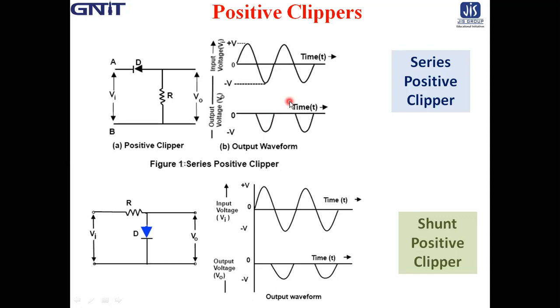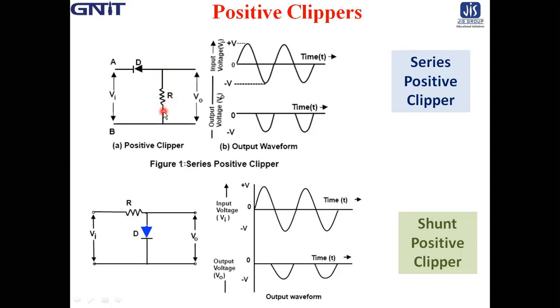During the positive half cycle of input voltage, the terminal A is positive with respect to B, and the diode is reverse biased. That means it is an open circuit. The applied voltage is totally dropped across D, and the output voltage across the resistance R is 0. Thus, there is no output signal voltage during the positive half cycle of input signal.